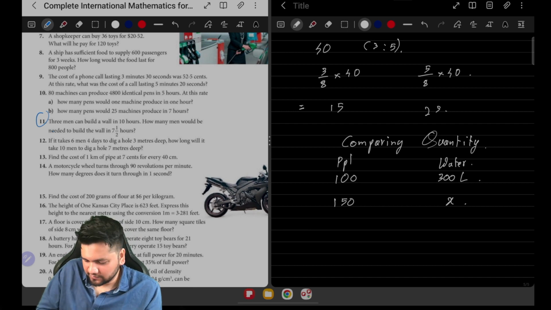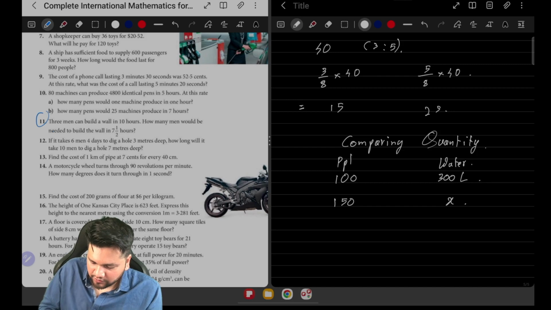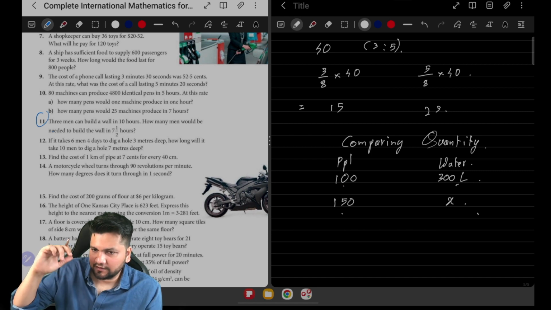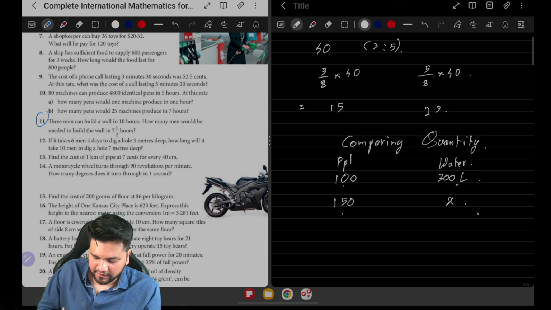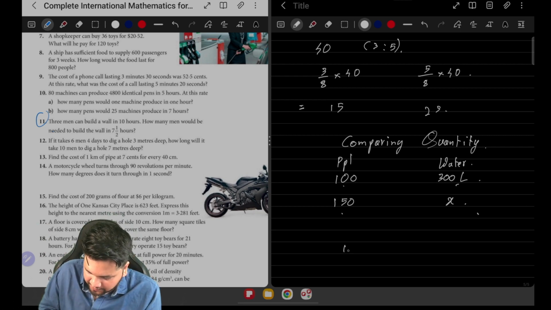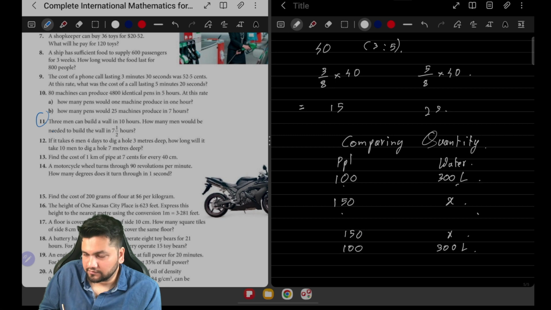Generally money and all is easier to understand, but I'm just giving an example. So here, if you know the given condition like this, and you want to find out this condition, what I generally prefer is to write what we need to find in the first line, and in the second line I write whatever the given condition is. So here 100 people can drink 300 liters of water, so 150 is just x, we need to figure it out, correct?